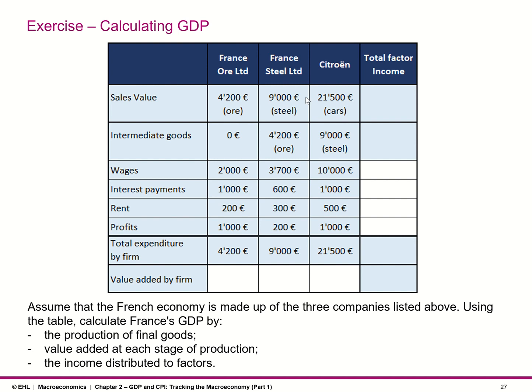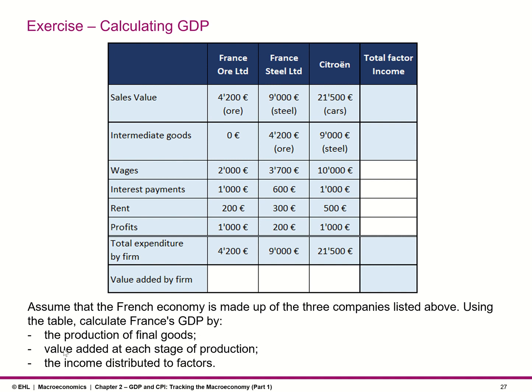In this case, the final good is the car, because France Ore Limited is a mining industry extracting ore, which is a raw material. France Steel Limited is making steel out of the ore, so it's not producing a final good. It's only producing intermediate goods. The only firm producing final goods is Citroën, which is producing cars, and the market value of these cars is 21,500 euros. So that would be GDP's value according to the production of final goods method.